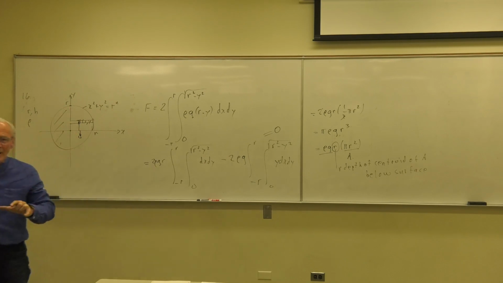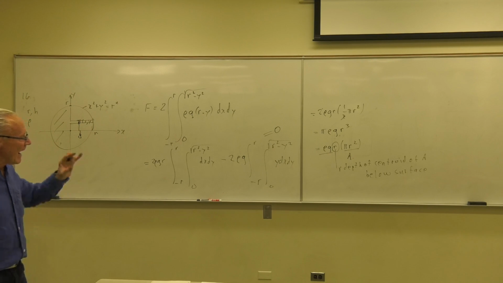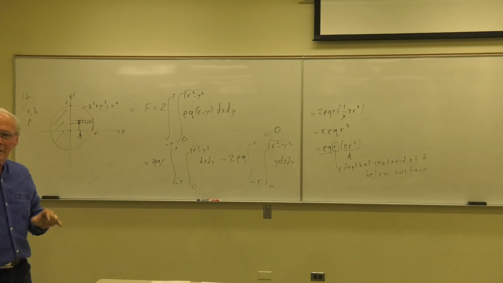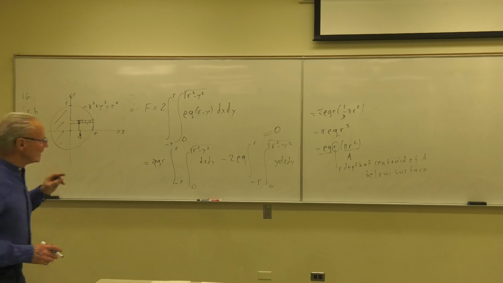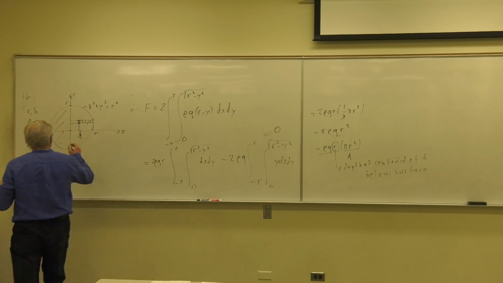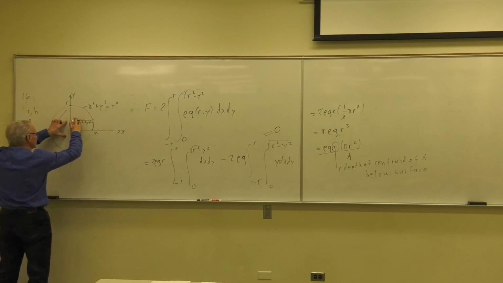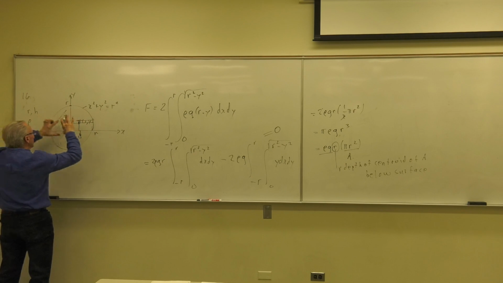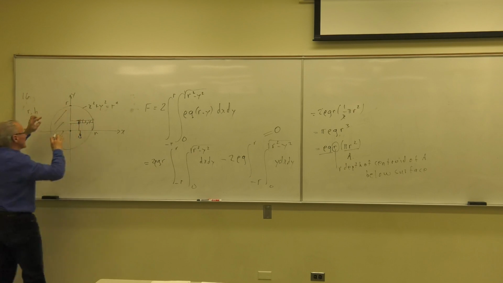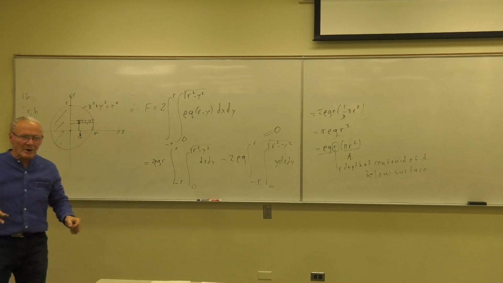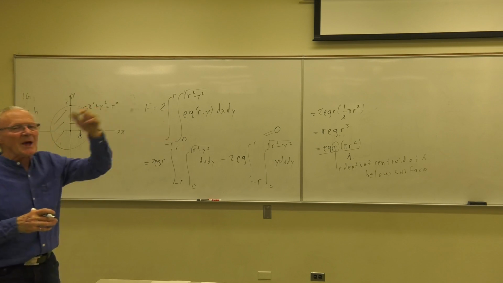And this is not a peculiarity of this example. It is always true, right? If you happen to know what the centroid of an area is, to find the force on it due to the pressure, take the rho, take the g, take the area, and multiply by the depth of the centroid below the surface, and you've got the answer.